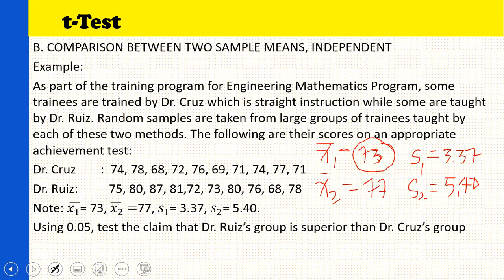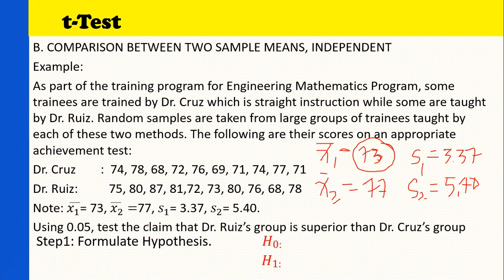Okay, so using 5% level of significance, test the claim that Dr. Ruiz group is superior than Dr. Cruz group. So we have the following hypothesis statement. First we're going to formulate the hypothesis statement based on the following claims.